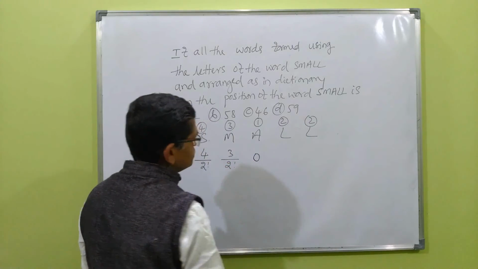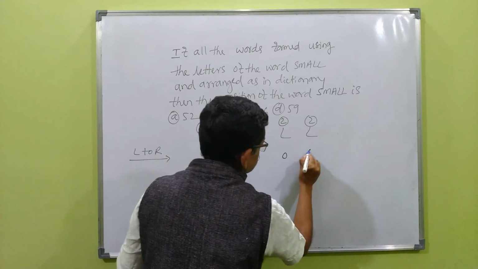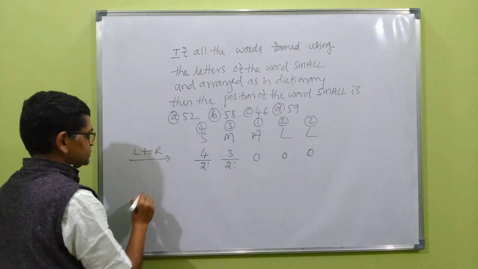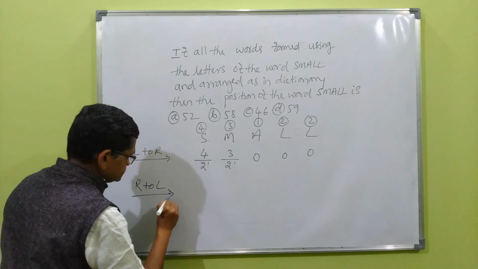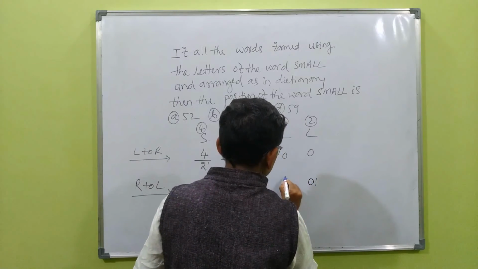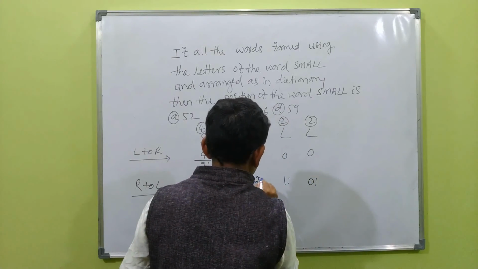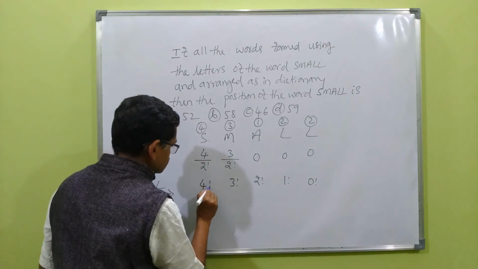Here no letters. Once it is occupied, this two also not. And next, right to left. This is easy. Just 0 factorial, 1 factorial, 3 factorial and 4 factorial.